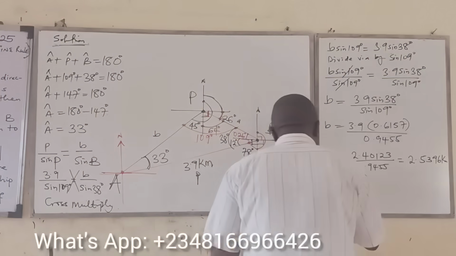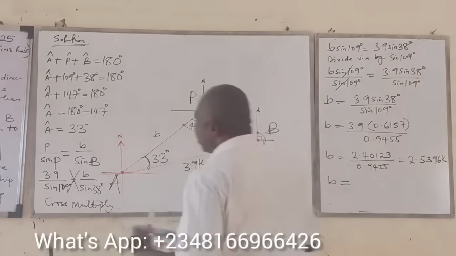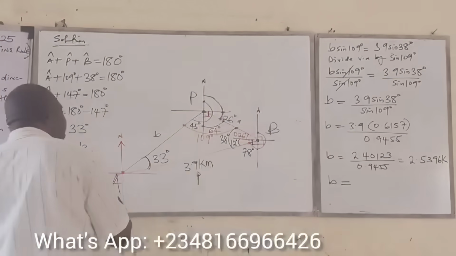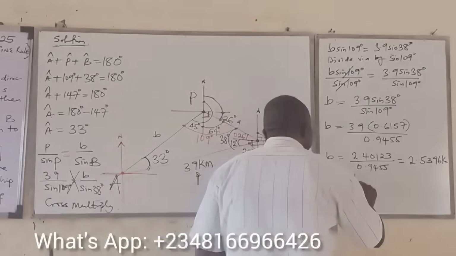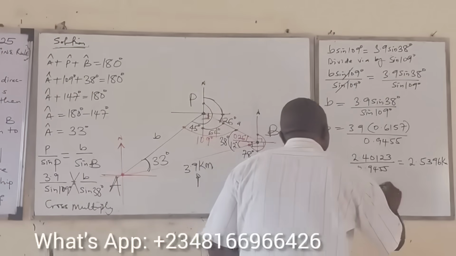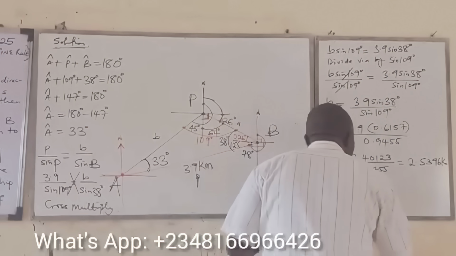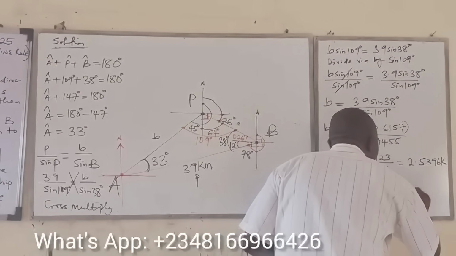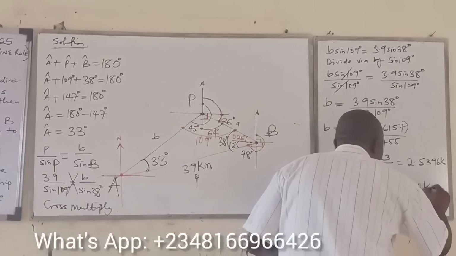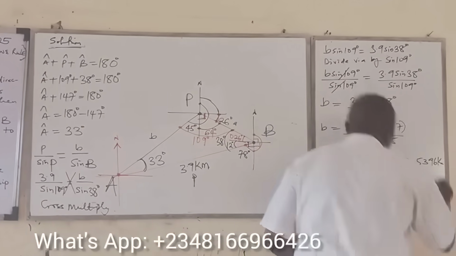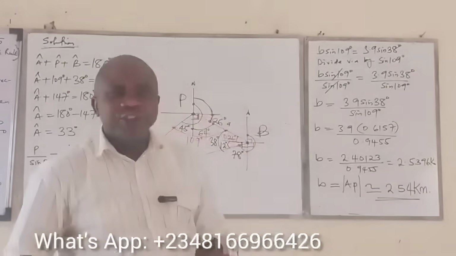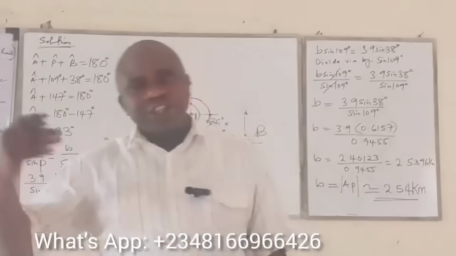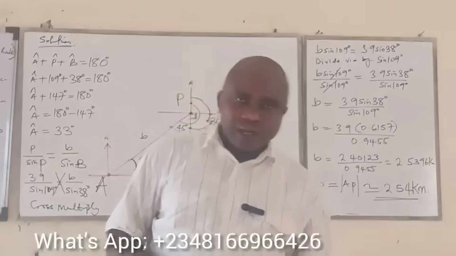So remember, b is the distance AP, so the distance AP is approximately equal to 2.54 kilometers.